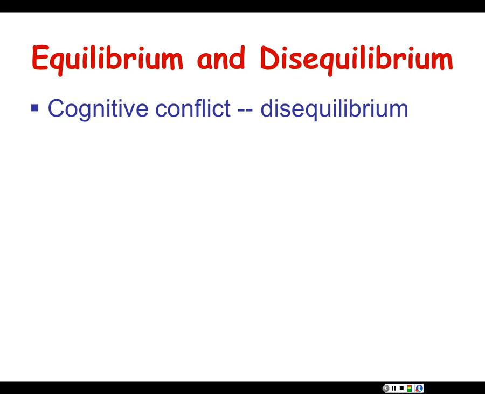So that moment of disequilibrium is when you're in conflict, where you don't quite understand yet what this new bit of information coming in is. And so you don't quite know what to do with it. So the only thing you really can do is assimilate it.